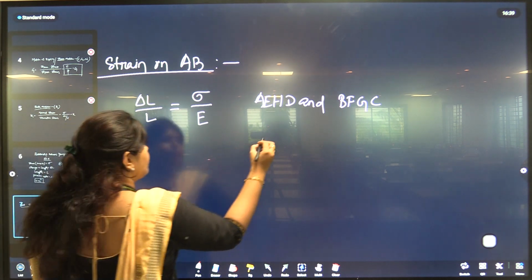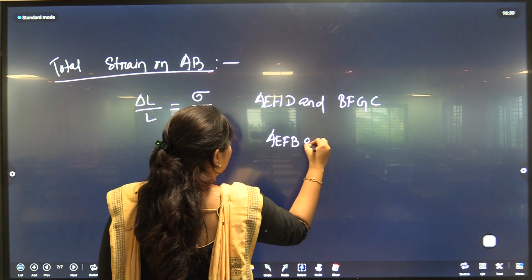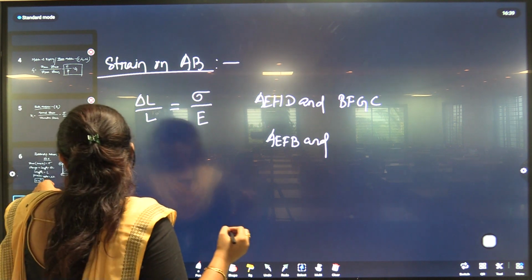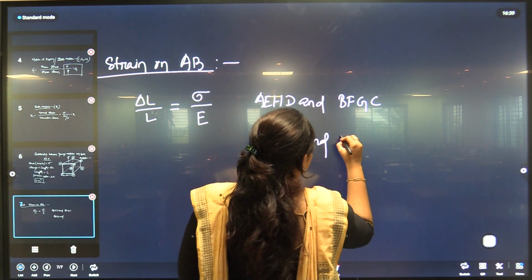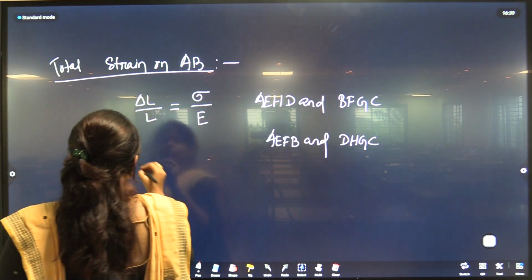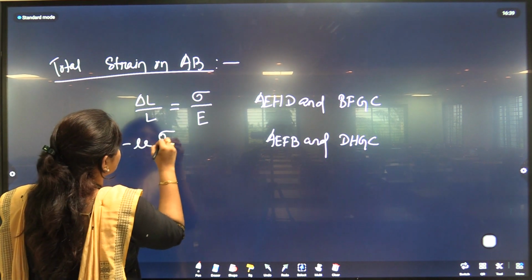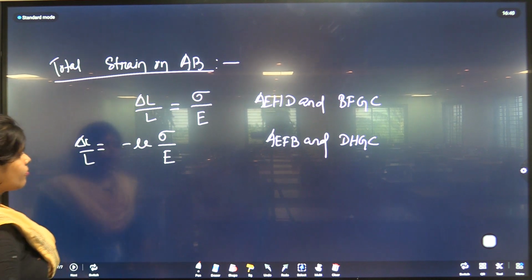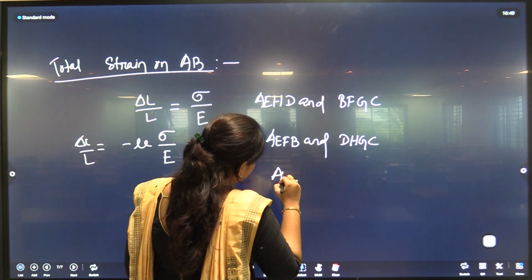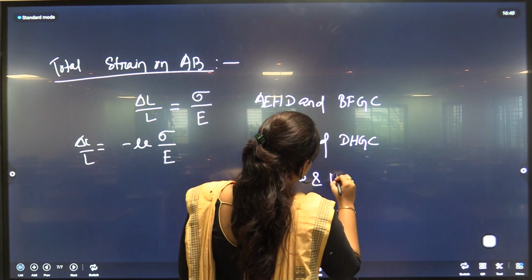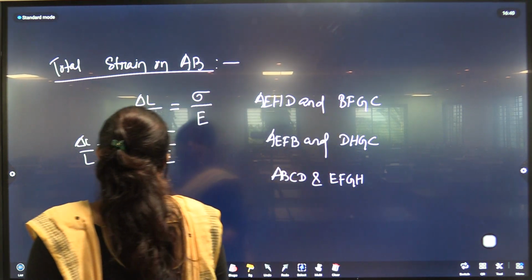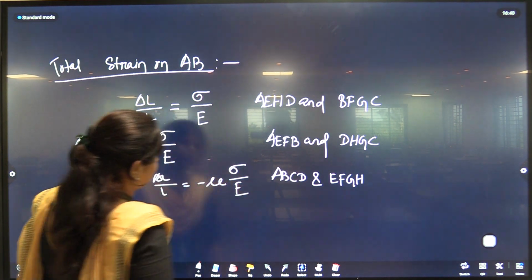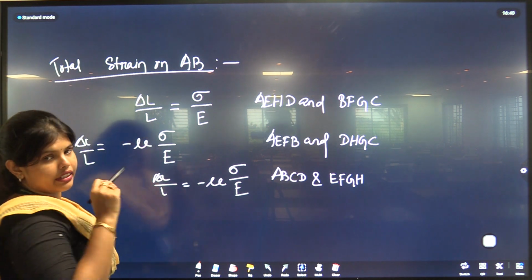it will become minus mu into sigma by E. And for planes A, B, C, D and E, F, G, H, it will also become minus mu into sigma by E. So we get three different values.